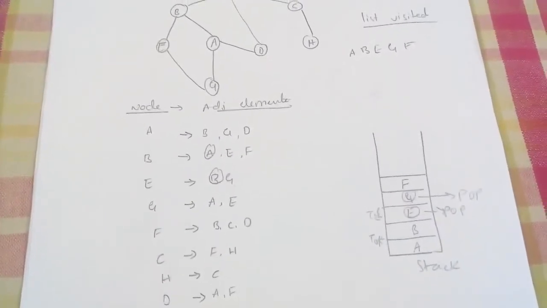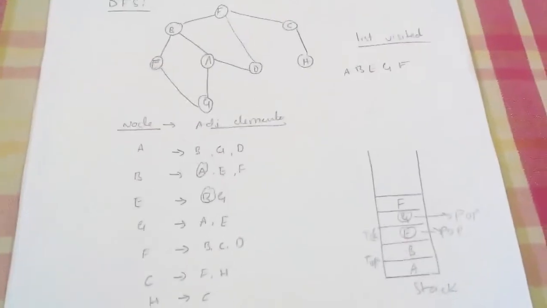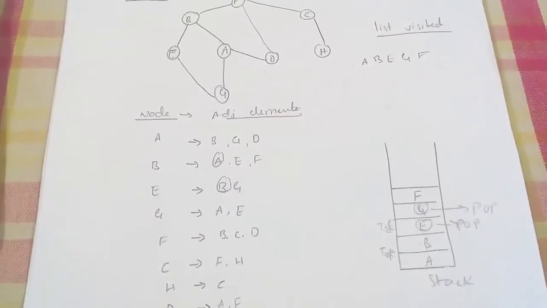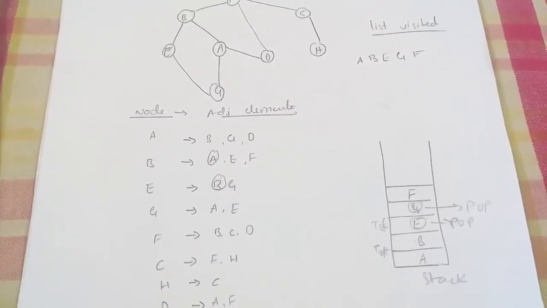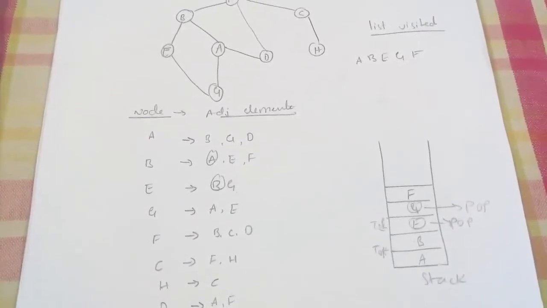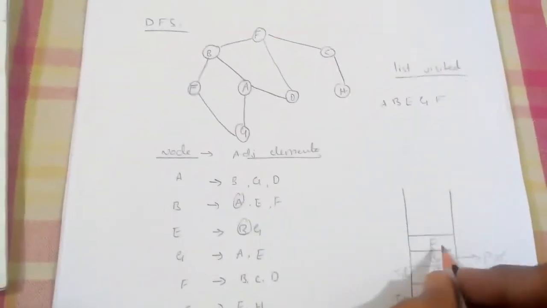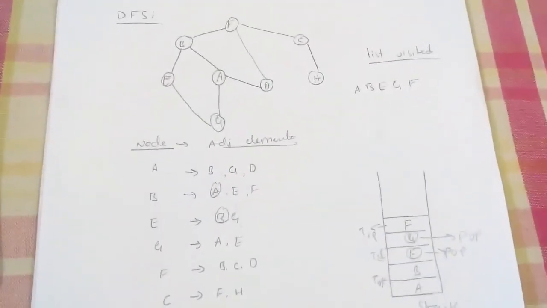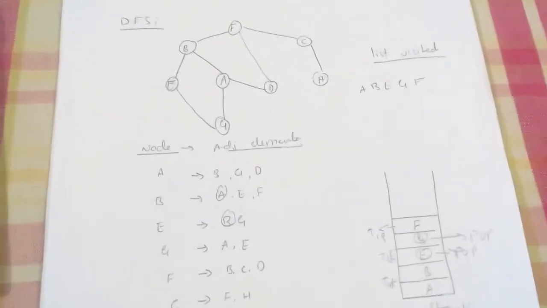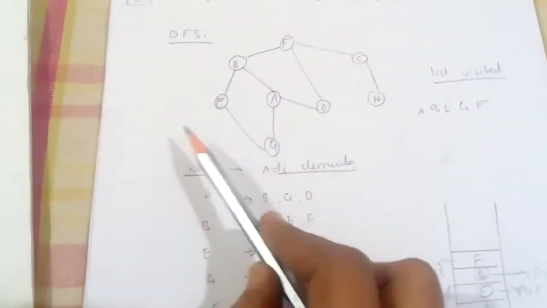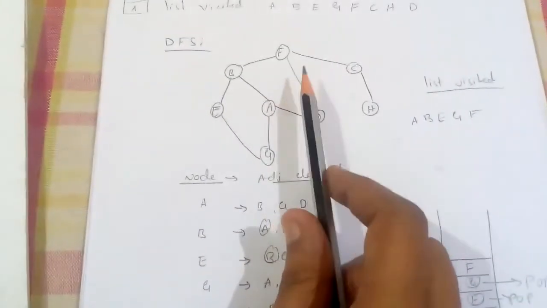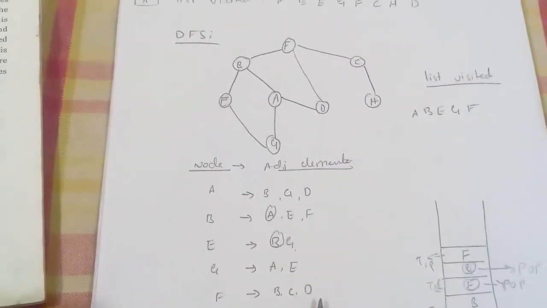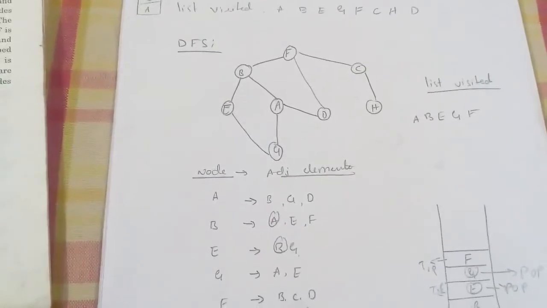Now the stack contains A, B, F. Now the top of the stack is F. The adjacent nodes of F are B, C, D. B is already visited.